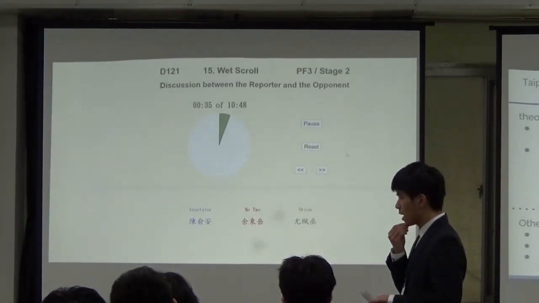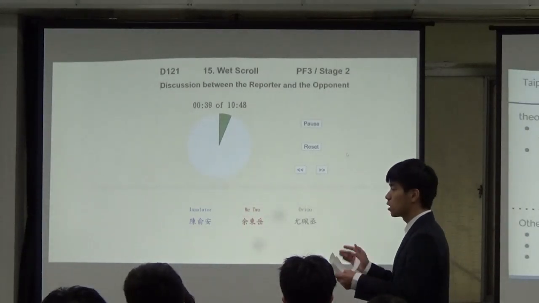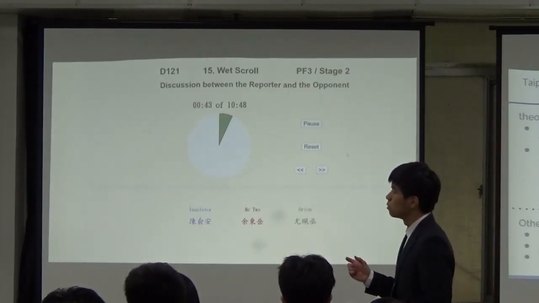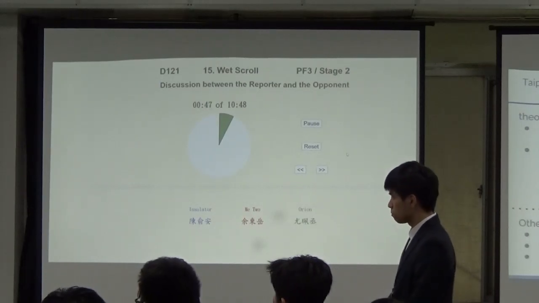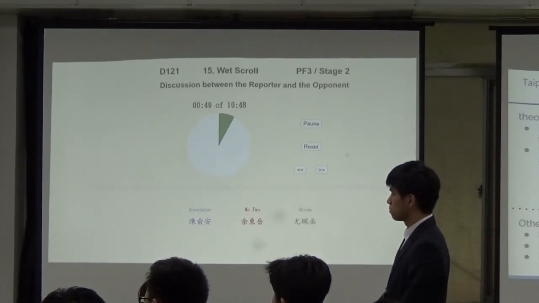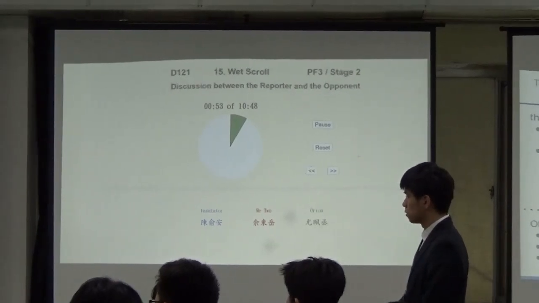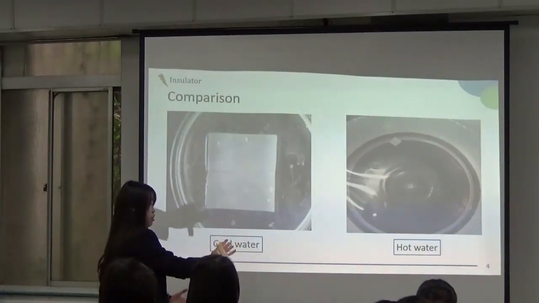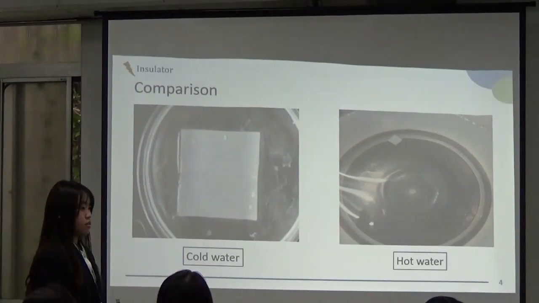But you mentioned that the temperature will influence the phenomenon in the beginning of your report. So do you have any actual evidence? Why I put the page is that we want to compare the cold water and the hot water to prove that the water absorption of the tracing paper is because of the diffusion.